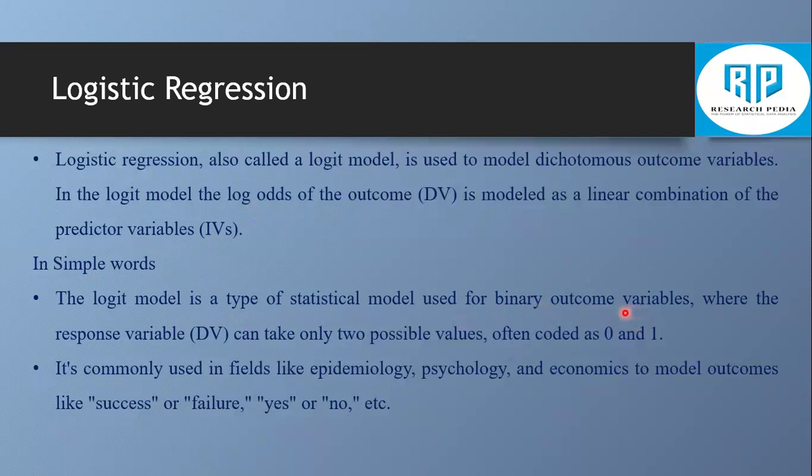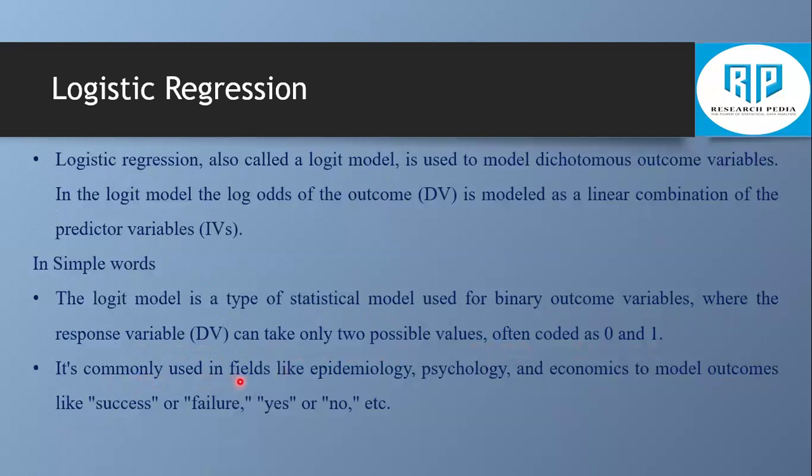Here, the outcome variable means the dependent variable. So when you have a binary dependent variable, it means that variable is coded as either 0 or 1, and then it is called a binary outcome variable, where the response variable can take only two possible values, either 0 or 1.